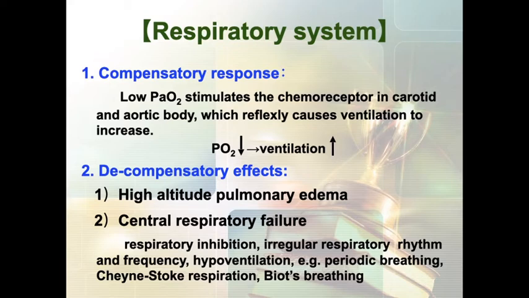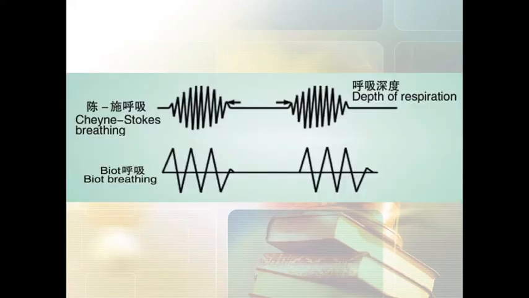The central respiratory failure is respiratory inhibition, irregular respiratory rhythm and frequency, hypoventilation, for example, periodic breathing, chain stop respiration, Biot's breathing, and I'm showing some curves of this typical unhealthy or typical methods of breathing in patients who are in danger.